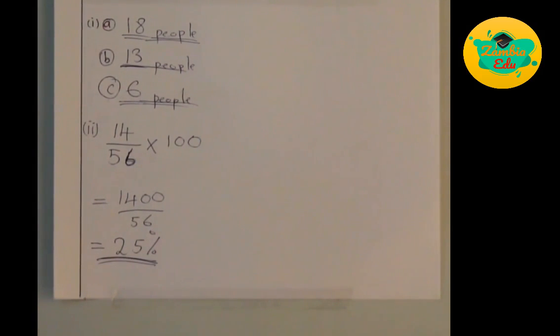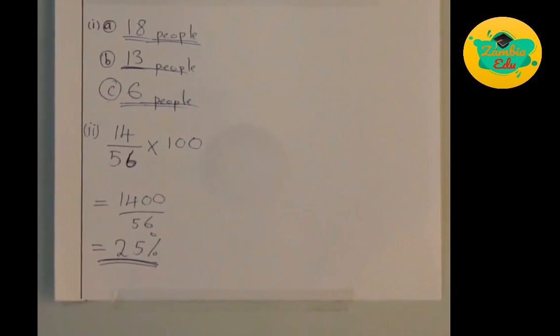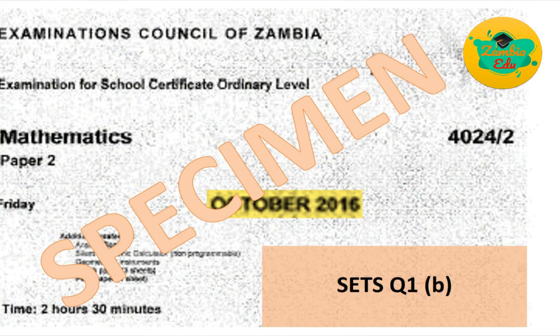So quickly, without losing much of our time, let's go ahead and begin now to do the 2016 specimen paper, and let's answer the set question that came in the specimen paper as well. 2016 paper 2 specimen question 1B was a sets question, and I'll read it so that we're able to answer.